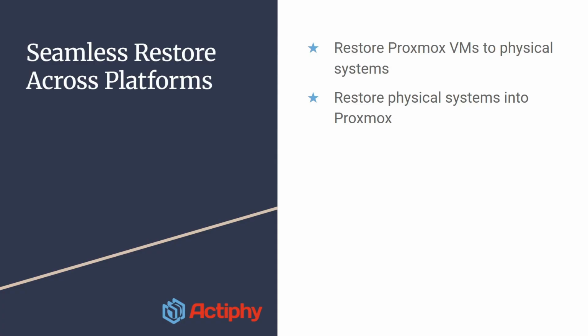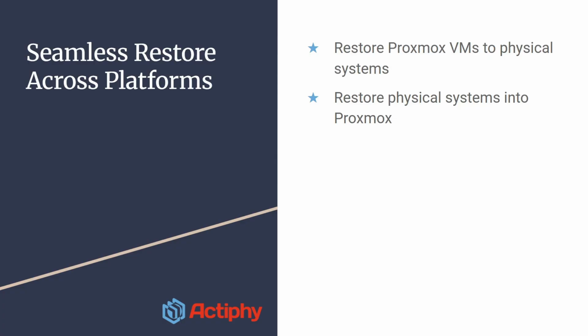Many organizations still operate physical servers running legacy applications for infrastructure services. Rebuilding those systems manually inside a virtual platform can be time-consuming and risky. With image-based protection, that rebuild process isn't necessary. You protect the physical system as a complete image, then restore that image into Proxmox as a virtual machine.